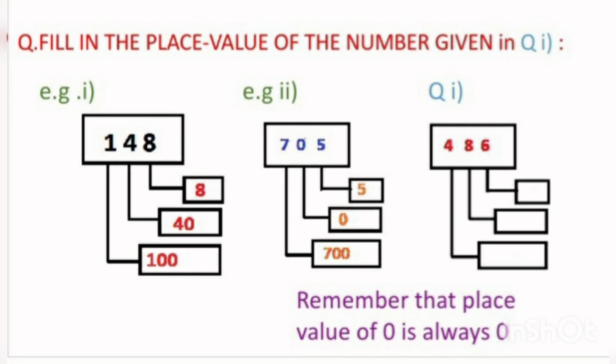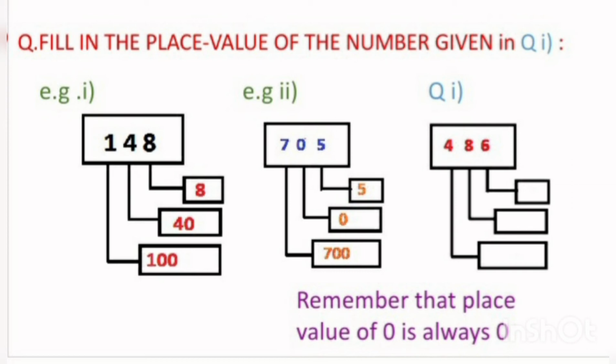Right? Now you have to answer the third question. The number given is 486. 6 is in which place? Yes, it is in ones place. So what is the place value? 6 ones, or you can say simply 6. Fine. Now see the place value of 8. 8 is in which place?